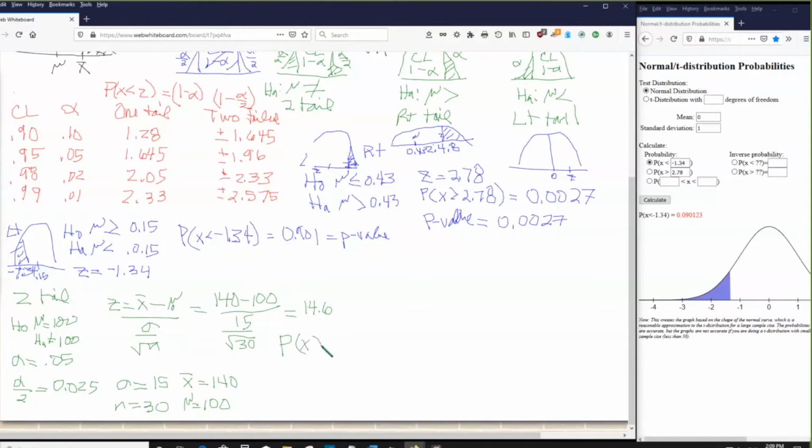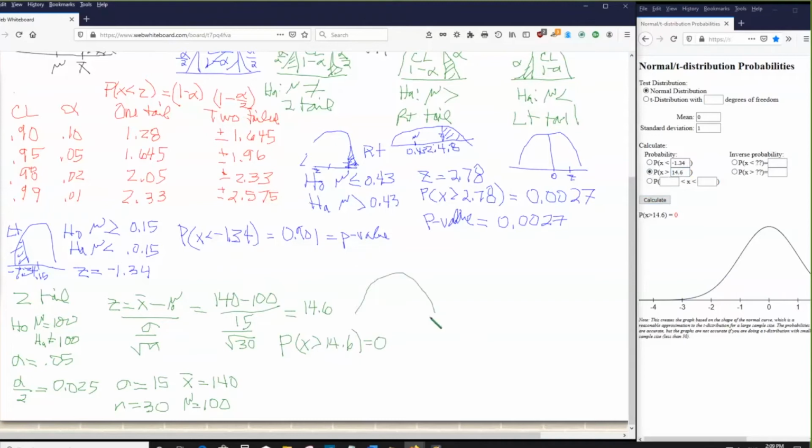So we've got x is going to be greater than 14.6, which is going to give me a probability of 0. Now let's look at what this one looks like.